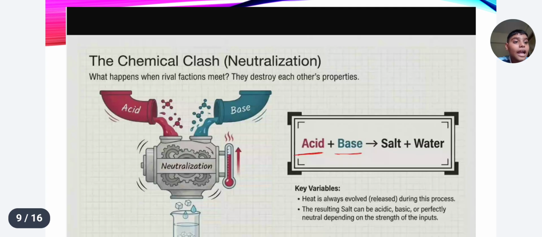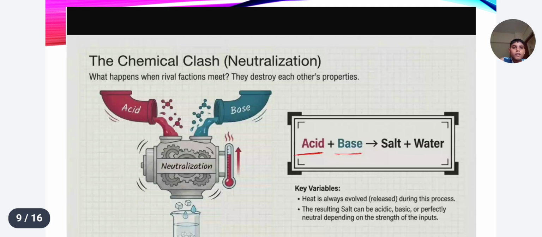The resulting salt can be acidic, basic, or perfectly neutral depending on the strength of the input. Okay, if the enemies are more and friends are fewer, so there will be acidic. No, acid are more. It means that unknown are more. Okay, it will be acidic.